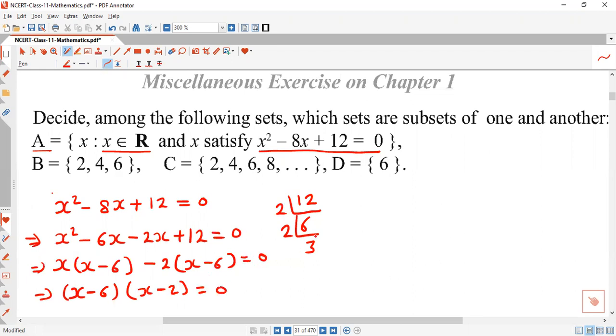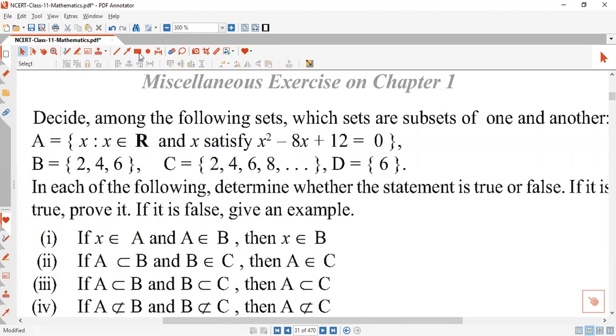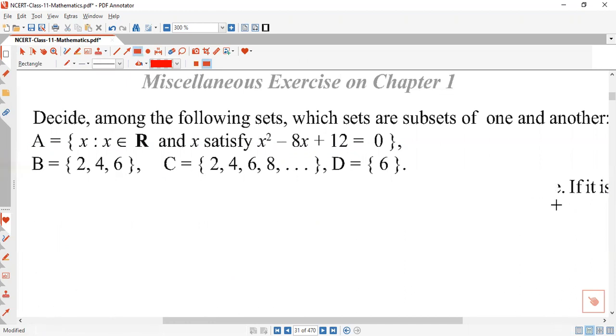So it gives us the solutions x equal to 6 and x equal to 2. So set A becomes 2 comma 6.